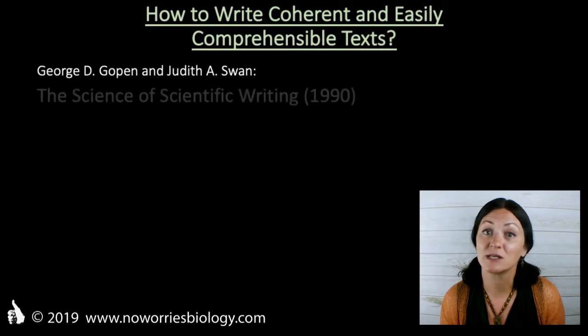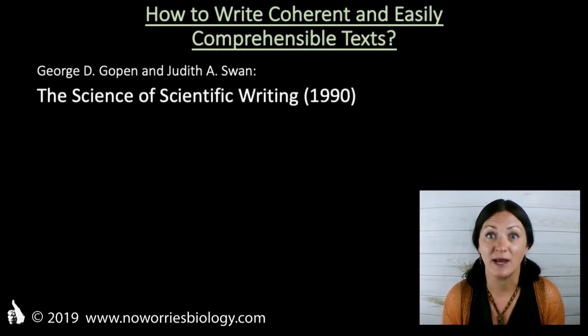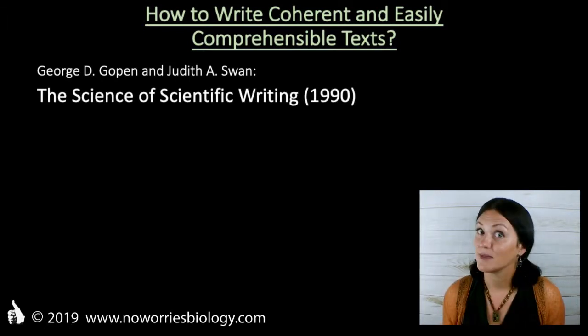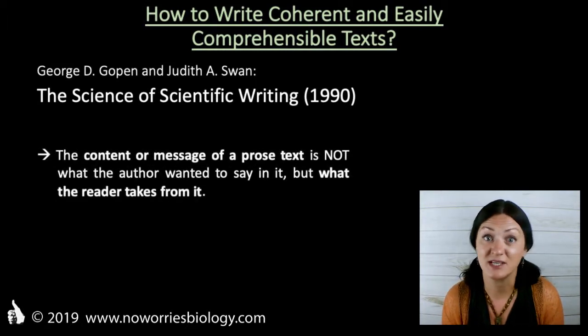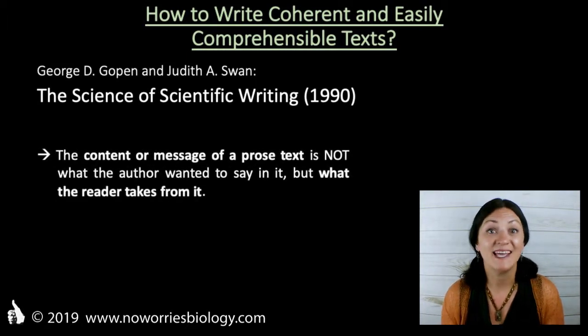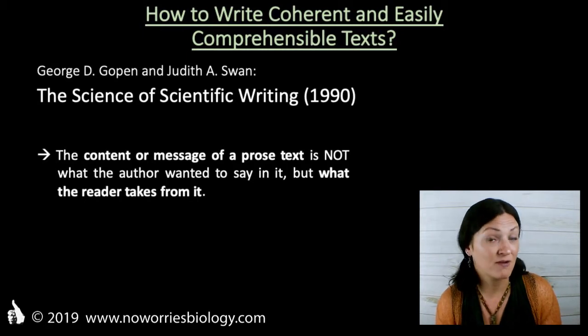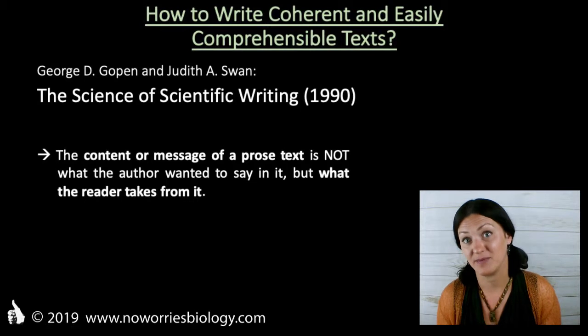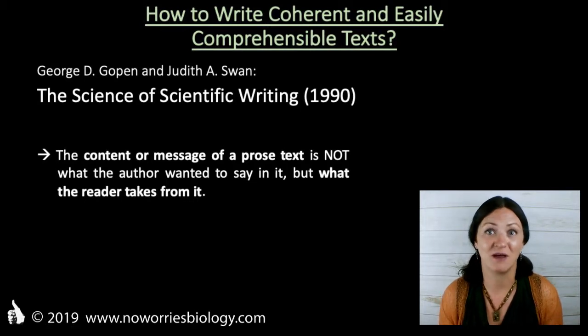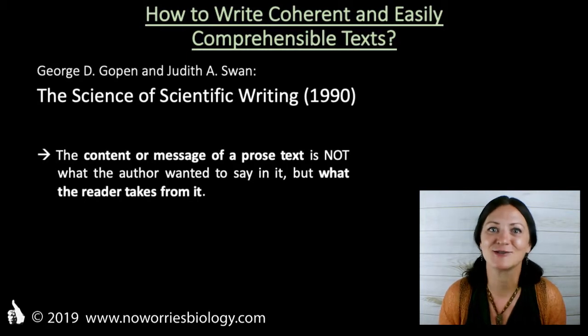This article is called "The Science of Scientific Writing." In this article, they stated that the content or the message of a prose text is not what the author intended to say in it, but what the reader takes from it. In other words, 1-0 for me in the dilemma between my students and I that I just described a minute ago.